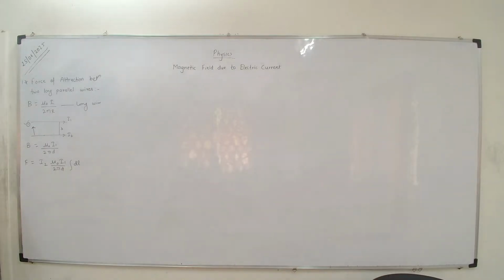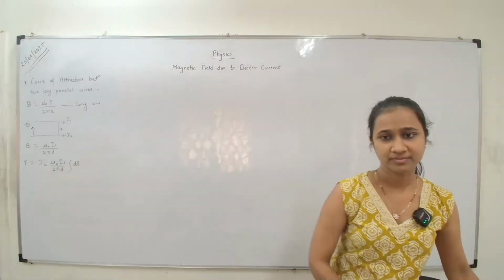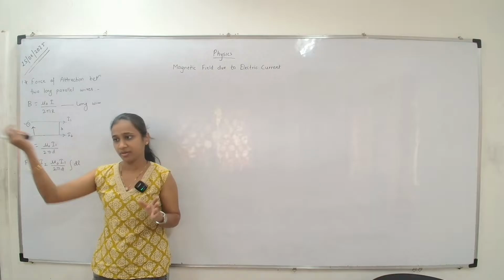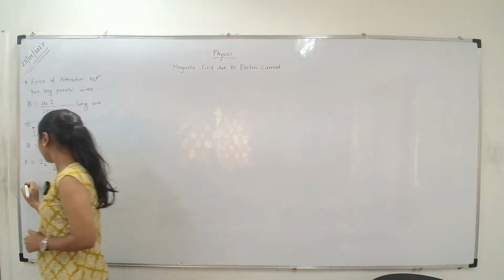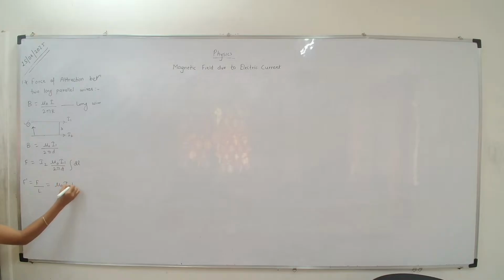So force per unit length of the wire will be... this is for the finite wire. For infinite it will be obviously infinite. So we will calculate the force per unit length, that is F dash, that is F divided by the length. Now the force is mu naught into I1 I2 divided by 2 pi d.